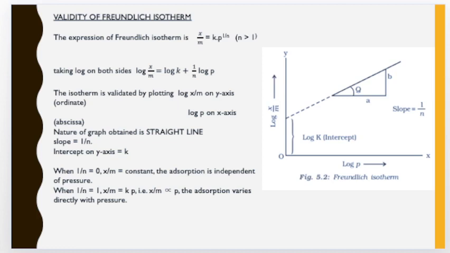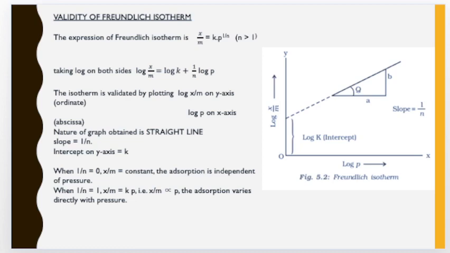The adjacent graph is showing the relation between log x by m and log p. The slope of the graph will be equal to 1 by n, and the intercept on the y-axis is log k. So based on this graph and the change in values of slope, we can easily relate that the adsorption will change with the change in pressure.